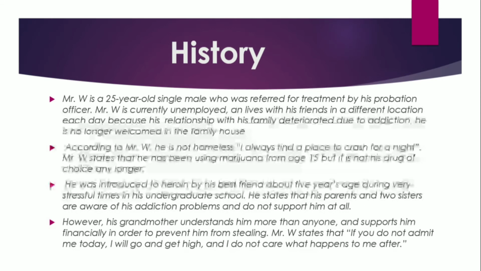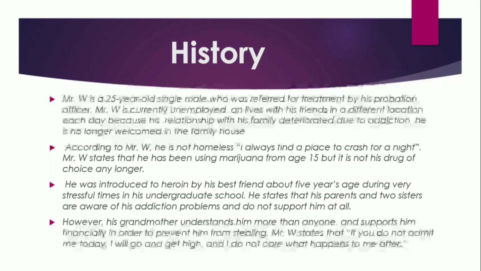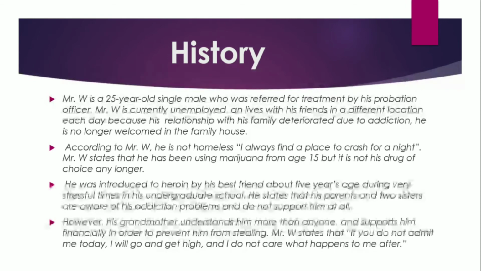However, his grandmother understands him more than anyone and supports him financially in order to prevent him from stealing. Mr. W states, "If you do not admit me today, I will go and get high and I do not care what happens to me after."